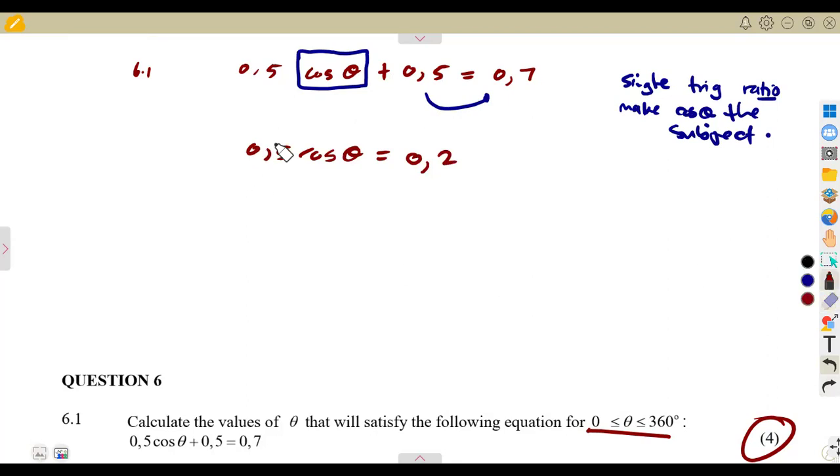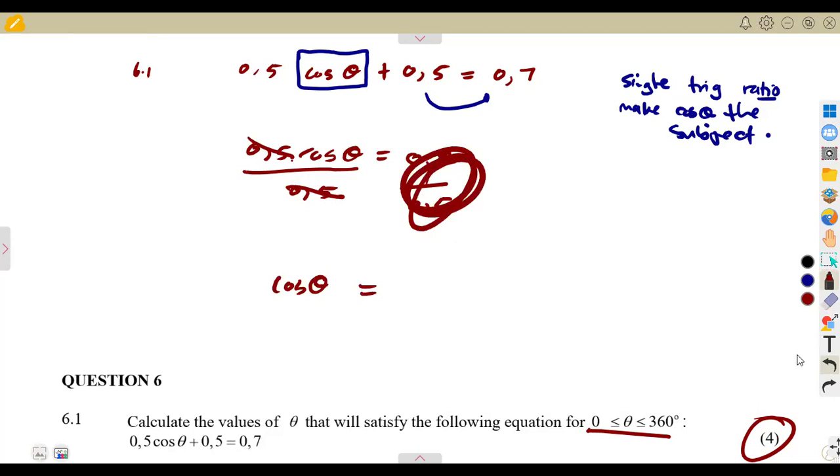Then you still have something affecting the cos of theta, which is the 0.5 as a product. How do you remove the product? You divide. Dividing by 0.5 both sides, the cosine of theta is equal to 0.4.